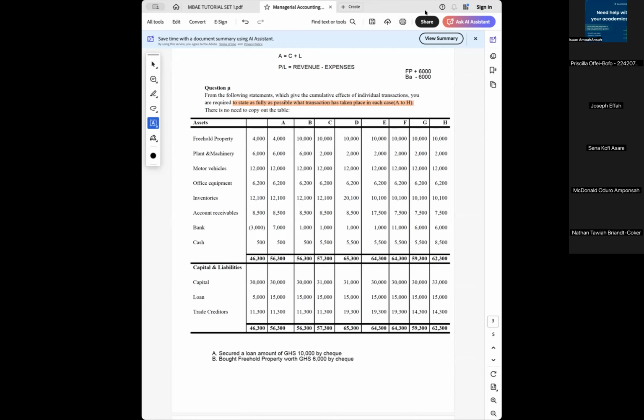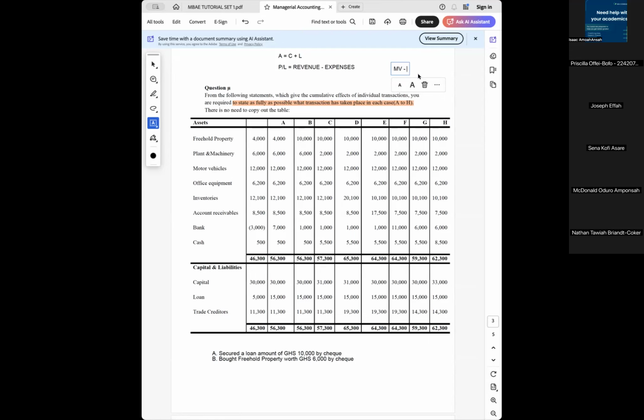Okay. So let's quickly note out the changes, and then maybe you can continue with the other items. Let me note out some of the changes before we continue. Okay, so the first change is plant and machinery. This is plant and machinery, not motor vehicle, forgive me. So P&M decreased by 4,000.